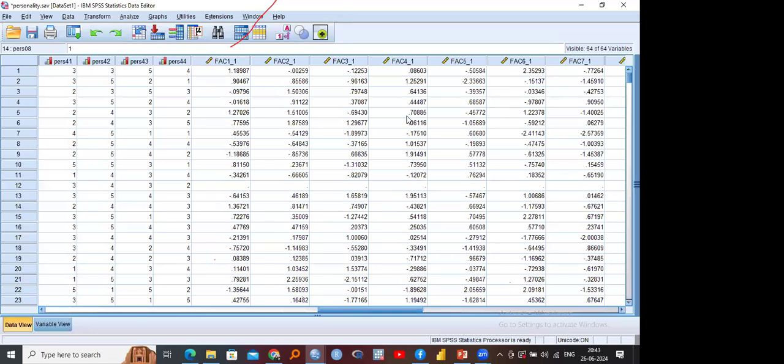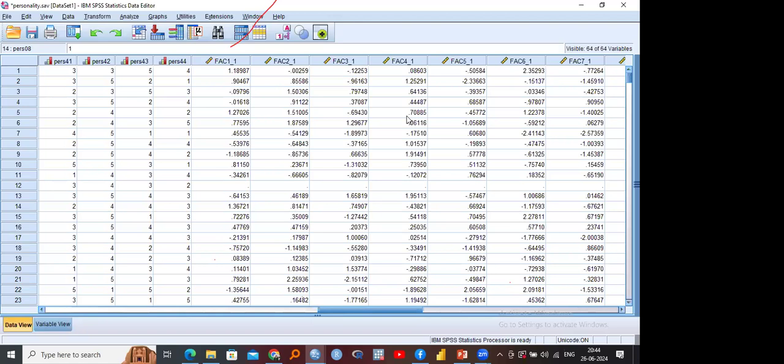Some people use these variables, like these observations, as new variables. मतलब अब वो 44 की जगह हम इन 10 variables को भी use करके we can go ahead with the analysis.